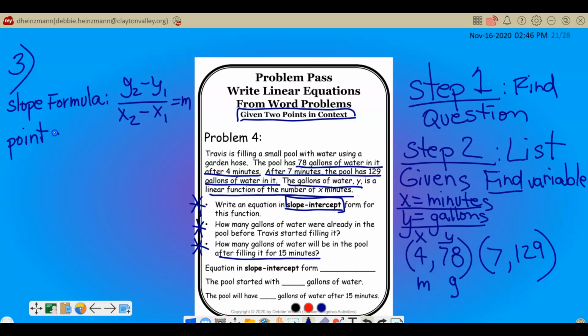Everybody knows that when you simplify your point slope formula, you end up with your slope-intercept. So these are the only two that we really need to know. So that's y equals a times x minus h plus k, where a is equal to the slope and h, k are a point on the line.